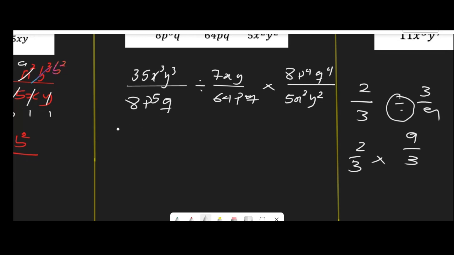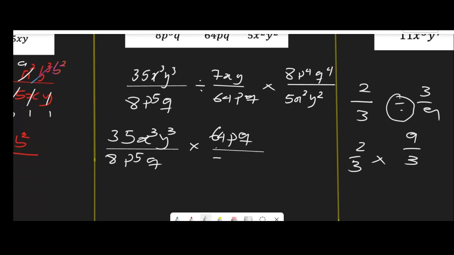So we have 35 x cubed y cubed all over 8p exponent 5q. And then we change this guy, that is division, to multiplication. Then we have to find a reciprocal. So it's going to be 64pq all over 7xy.